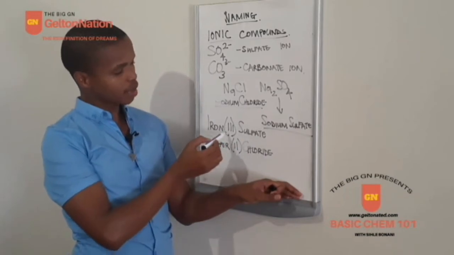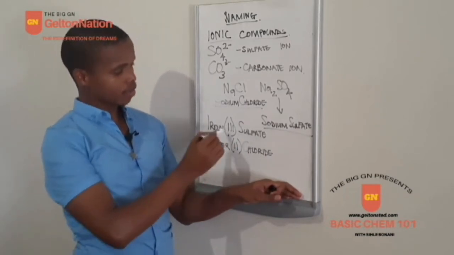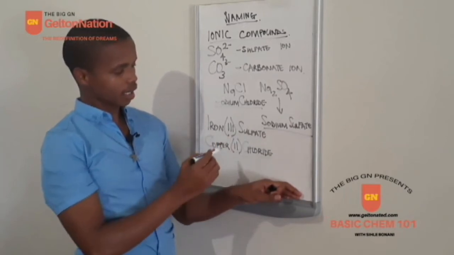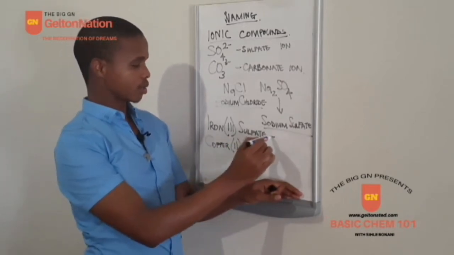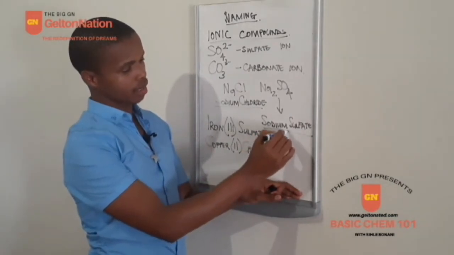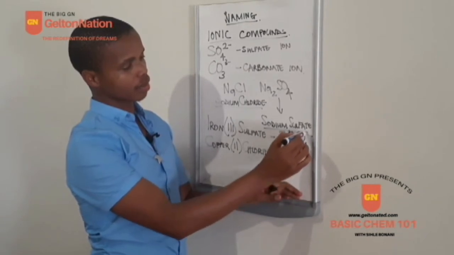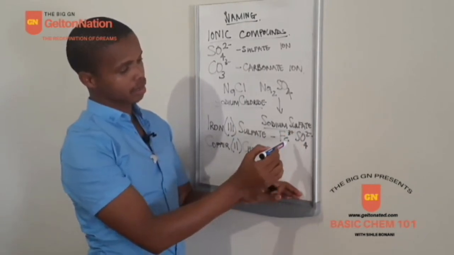For your transition elements, you will always be told which charge is there. So they will say, give us the chemical formula. So this is iron 3. So you have Fe3 plus. Then you have SO4 2 minus.